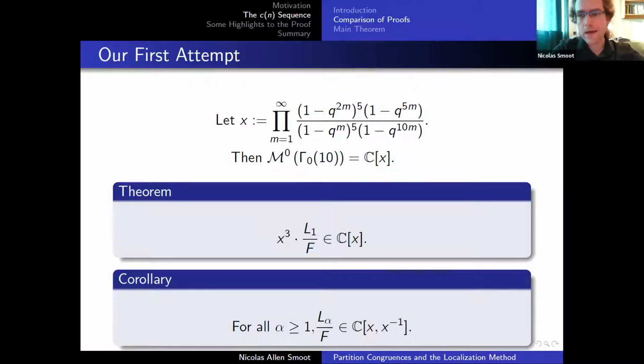And X has zeros, of positive order, at the poles of L1 over F. So if I raise X to a high enough power, in this case 3, then X cubed times L1 over F is a modular function with a pole only at one spot, at 0. And therefore I can write it as a polynomial in X. So it's fairly straightforward now. I just divide through by X, right? I can just write L alpha over F as a polynomial in X and 1 over X. And it turns out you can do this for every L alpha, not just L1.